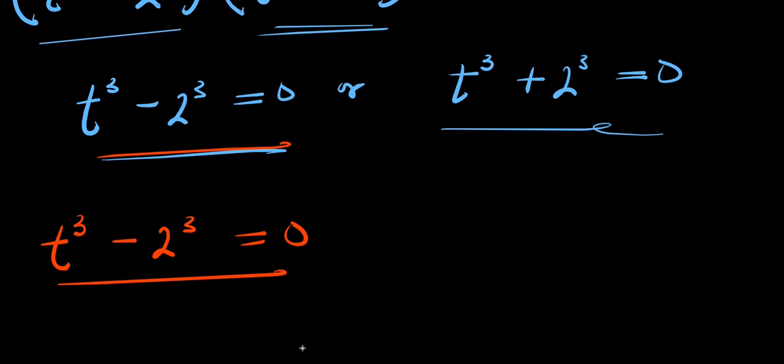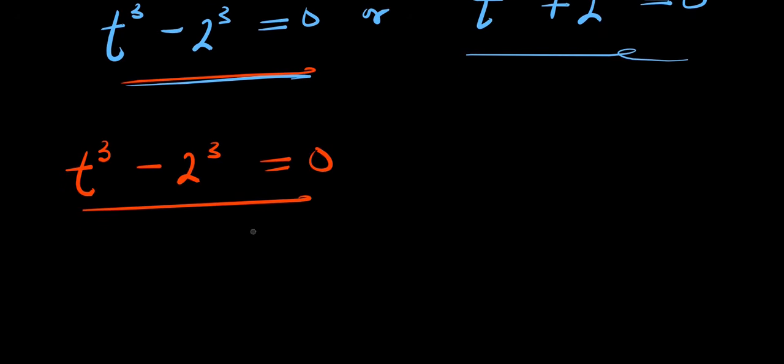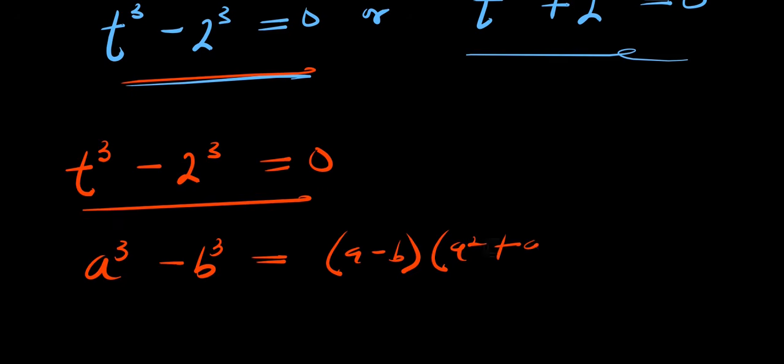To solve this, we are going to make use of these identities in order to expand. You have a power 3 minus b power 3. This equals a minus b times a squared plus ab plus b power 2. And right now, a is t and b is 2. So let's insert it right here.